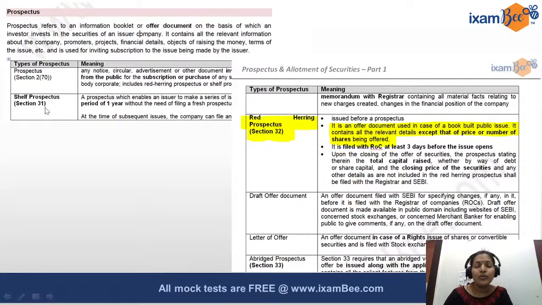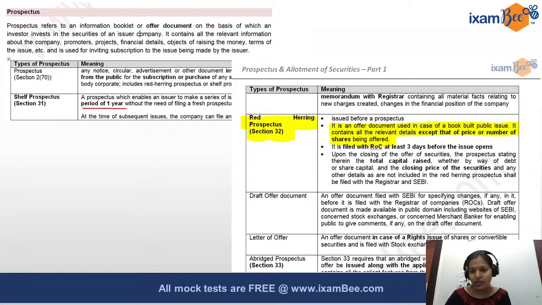Another important question which keeps coming is, what is the life of a shelf prospectus? That is 1 year. So this is also an important question that you should remember. It could be asked like, which prospectus has a life of 1 year, so that is shelf prospectus, or it could ask the other way, what is the life of a shelf prospectus? That is 1 year. This is a very important information that you should remember.